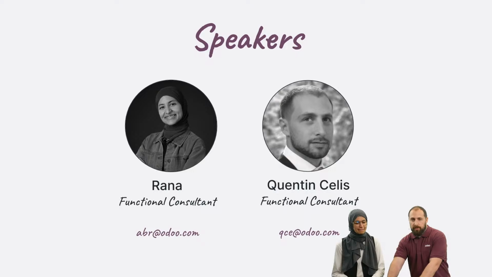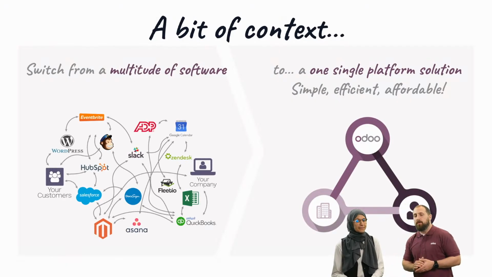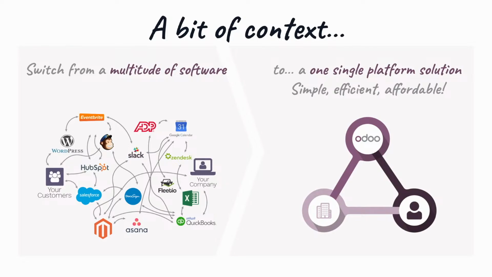new functionalities in HR. But first, a bit of context, because as you might know, HR involves a multitude of tasks. When you work in HR, you've got to handle tasks that can go from the recruitment to the creation of an employee, to handling their contracts, to being able to encode some time off for your employees, to handle the attendance, to handle the payroll, and it can become quite difficult when you have, as you can see on the left side of your screen, a multitude of software.